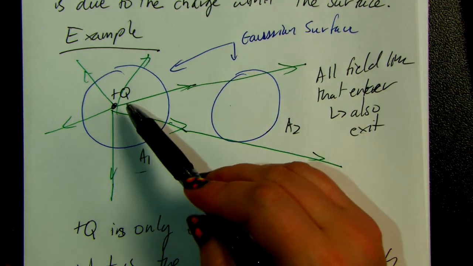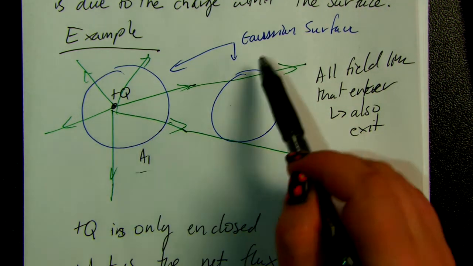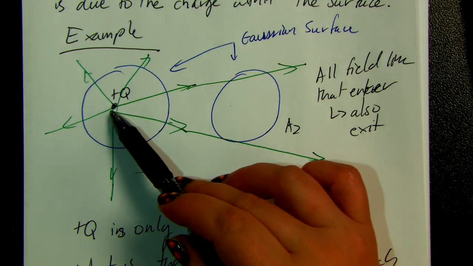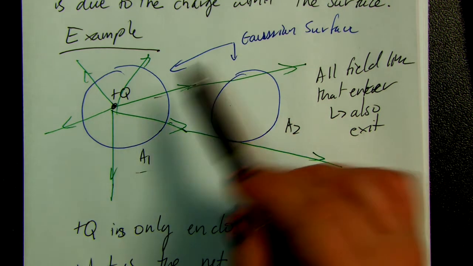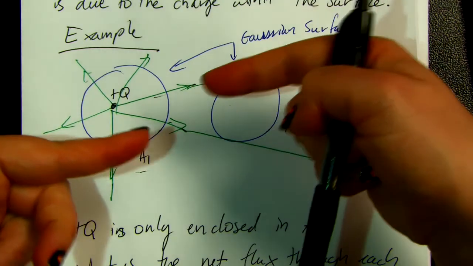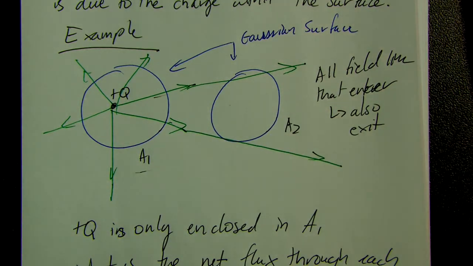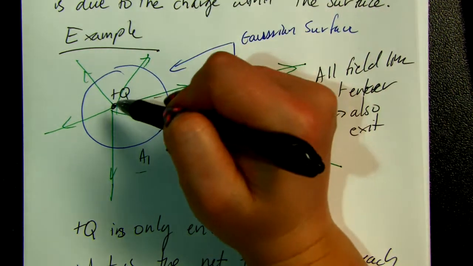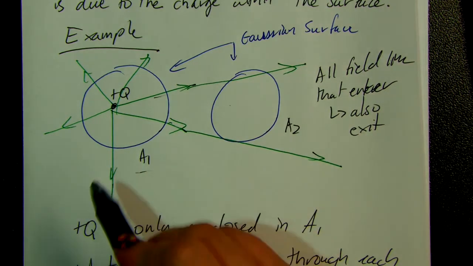Unlike this charge here where we have field lines, so this field line is exiting. If this was a negative charge and they were coming in, they would be entering but not exiting because the source of the field lines is inside.